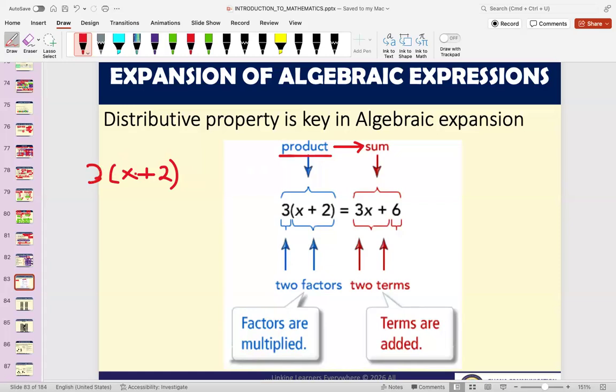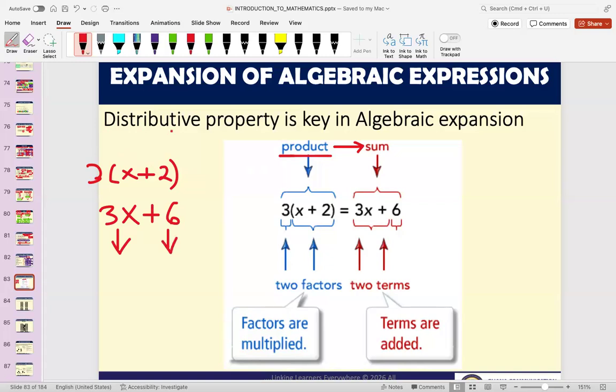So you have 3 multiplied by x, you have 3x, plus 3 multiplied by 2, you have 6. When you do it this way, you can confidently say you have two terms. This is the first term, and then this is the second term. And then you can work.